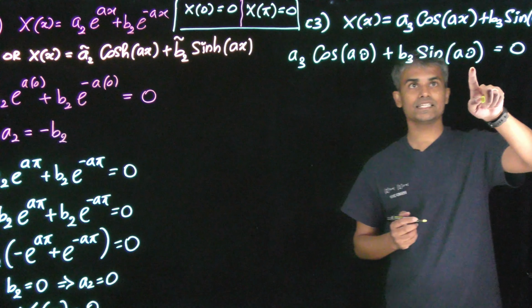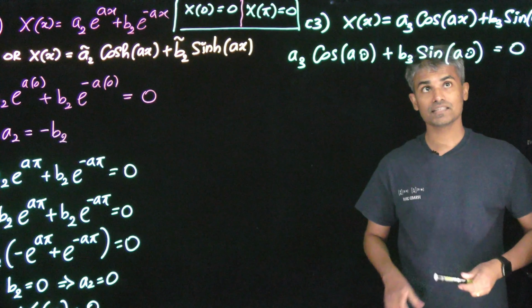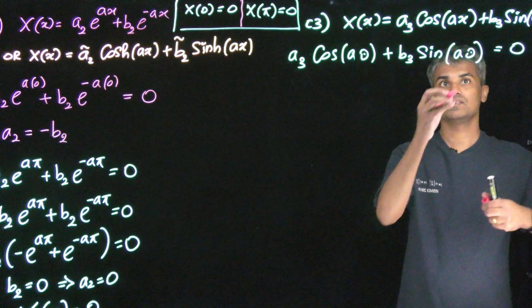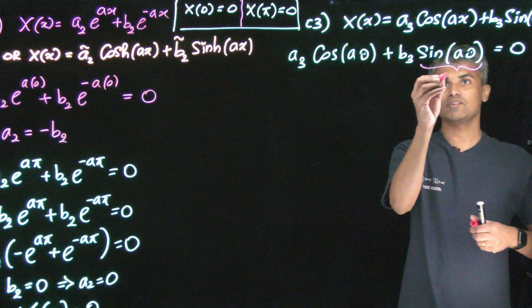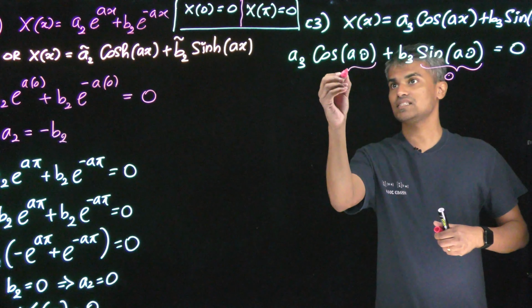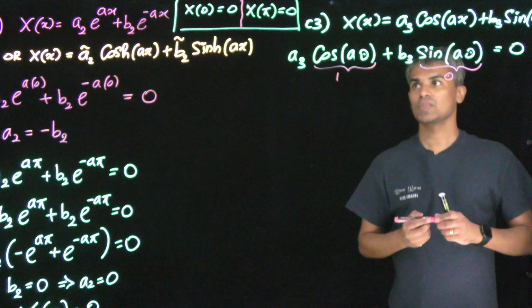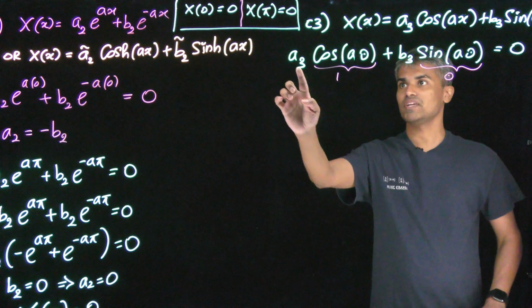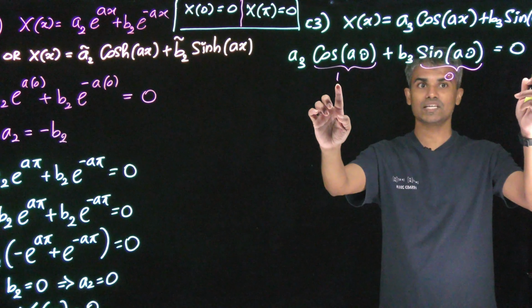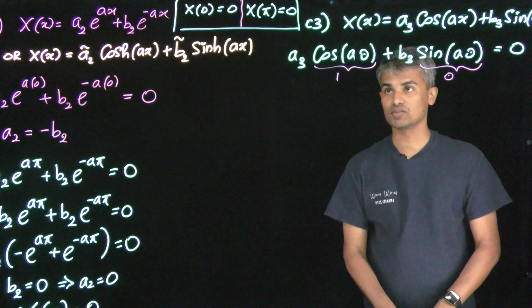Okay, so this is sine 0, and sine 0 is 0, so this term equals 0, but this term equals 1. So basically we have a3 times 1 equals 0, therefore a3 equals 0.